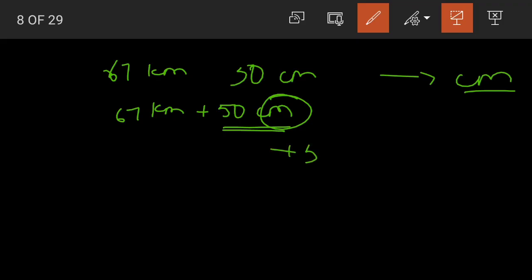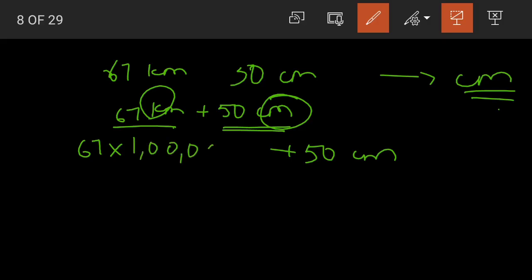So we'll keep it as it is, 50 centimeters. Now coming to this 67 kilometers, we have to convert this kilometers into centimeters. Just now we have learned that to convert kilometers into centimeters, we multiply by 1 lakh. Yes children, 67 into 1 lakh centimeters.